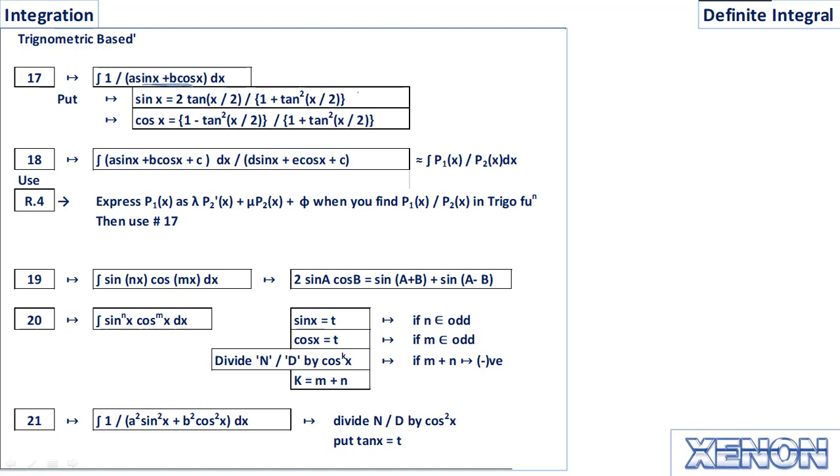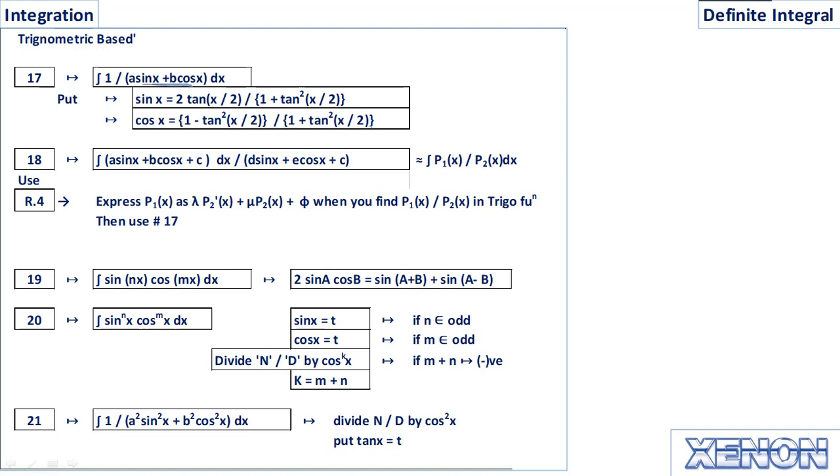Actually we know that sin 2 theta equals 2 tan theta upon 1 plus tan square theta. So here in place of theta we will put x/2. So we will get sin x equals 2 tan x/2 upon 1 plus tan square x/2. Similarly, we will put cos x as 1 minus tan square x/2 upon 1 plus tan square x/2.